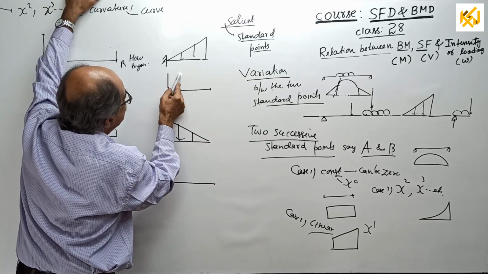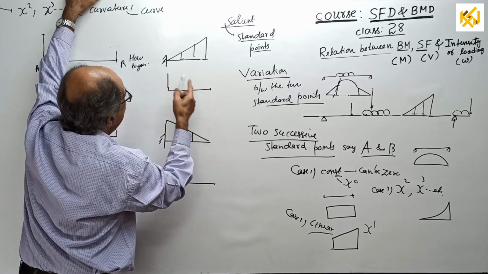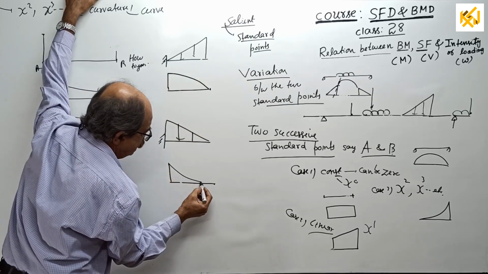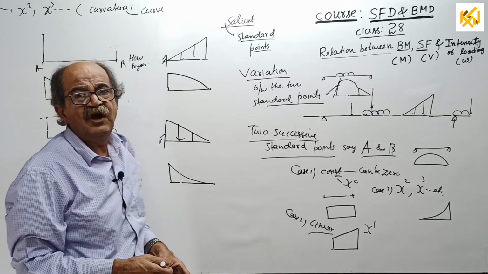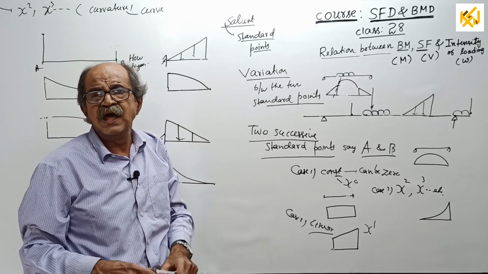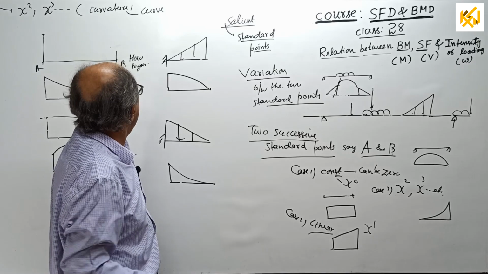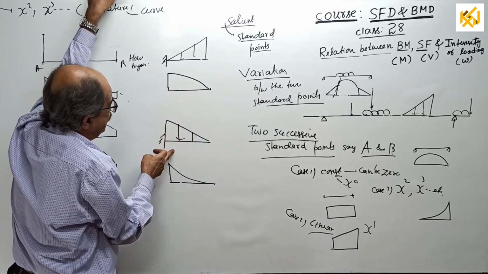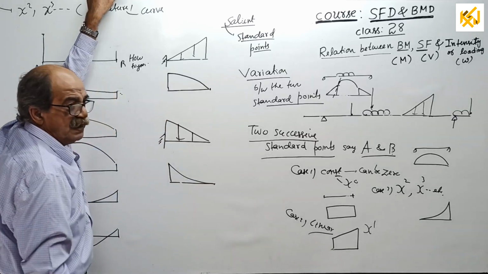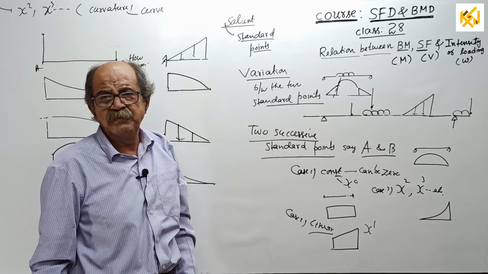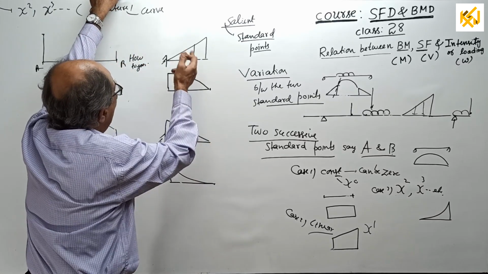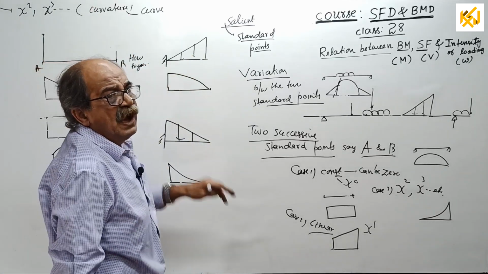Shall I join this way or this way? Here you have to join this way, but here you have to join this way. See how fluently I have drawn? I don't have any crude method. I look there and I can make out, yes, the curve is like this. By looking only I can tell the curve is like this. Why? Because I have better knowledge. The moment I look at the loading diagram, I can make out how the curvature is.